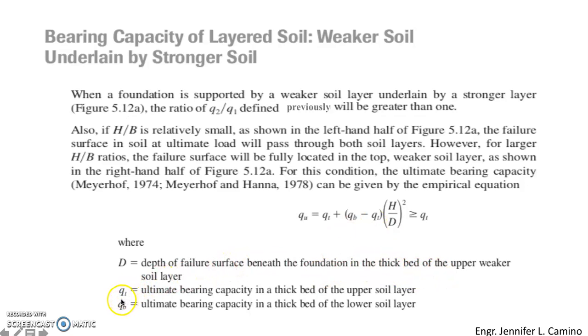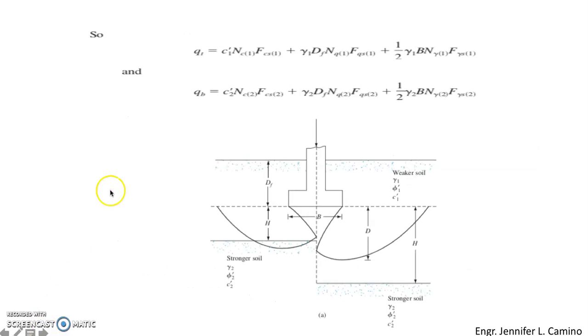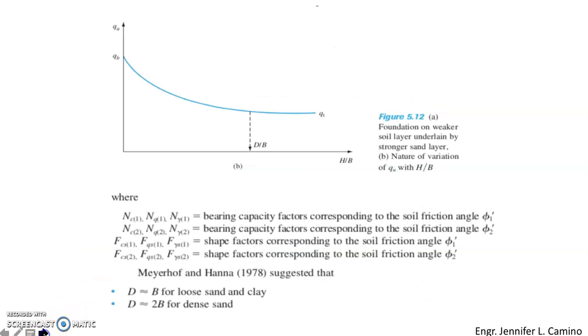Of course, we know that q_t is the ultimate bearing capacity in the thick bed of the upper soil, and q_b is the ultimate bearing capacity in the thick bed of the lower soil. So this is the equation for the ultimate bearing capacity on the top layer soil, and this is the ultimate bearing capacity on the bottom layer soil.